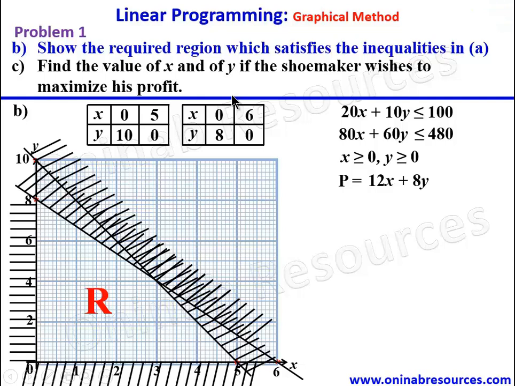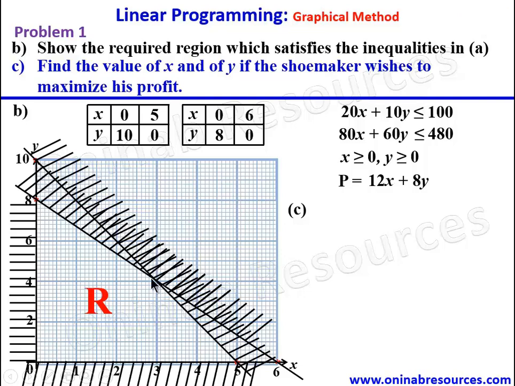So we are done with B, then we go to C. So now at C, we have to find the value of x and of y if the shoemaker wishes to maximize his profits. From here, we are going to concentrate on the vertices of the required region.